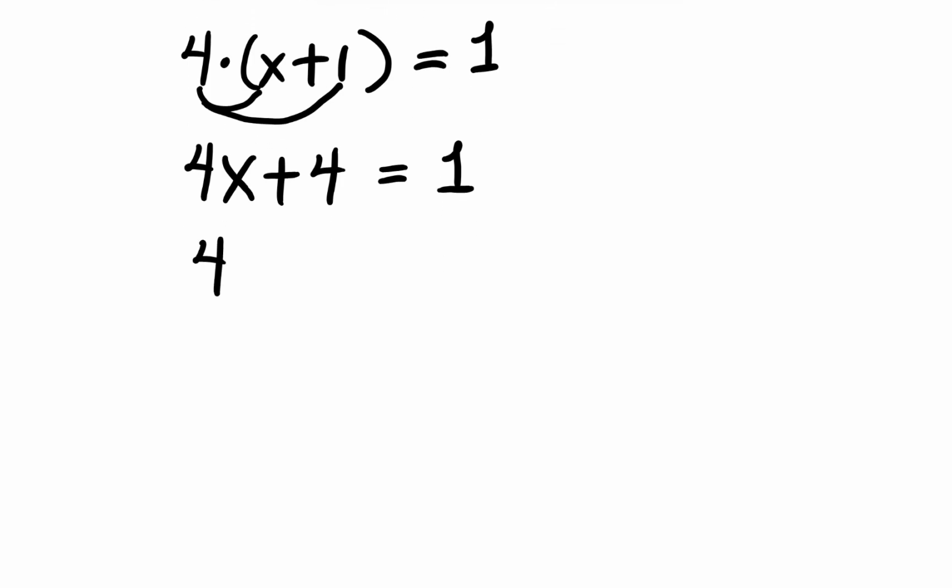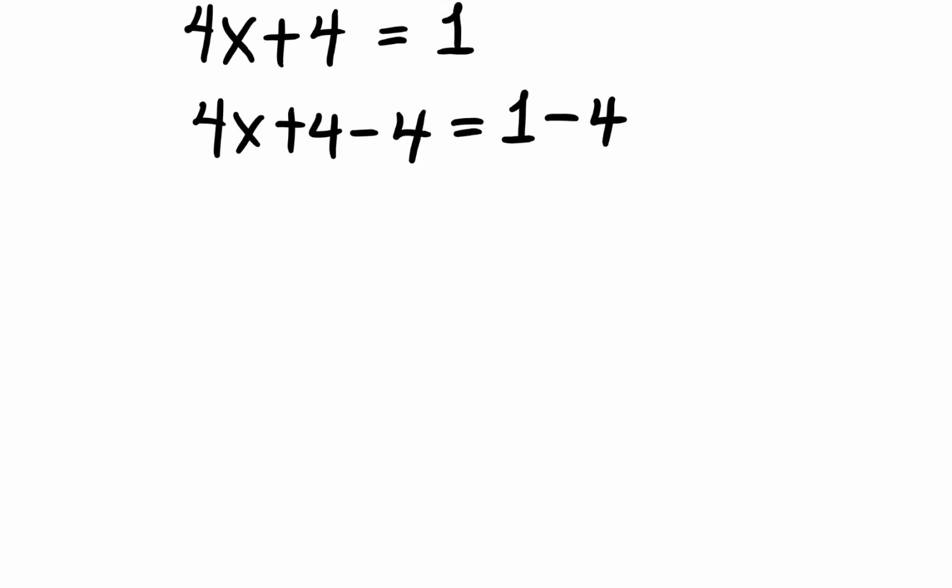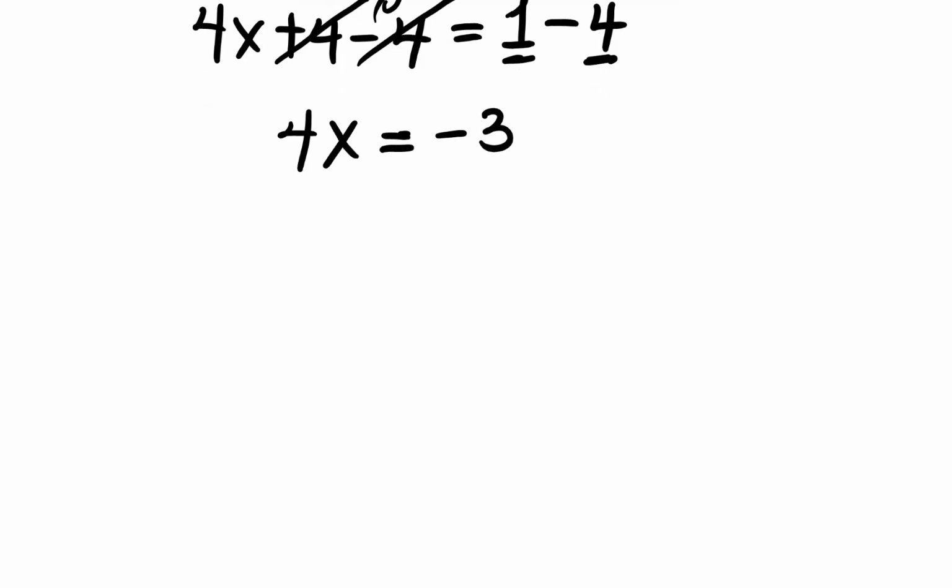So now we have 4x plus 4 minus 4 equals 1 minus 4. Perfect. So plus 4 minus 4 will give us 0. So here we have 4x is equal to 1 minus 4, which gives us minus 3.